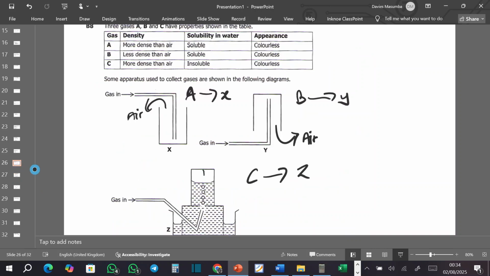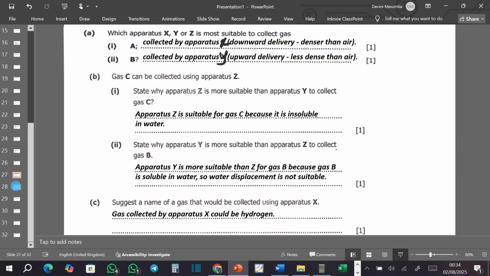Then C, suggest a name of a gas that would be collected using apparatus X. What gas is suitable for this? It should be carbon dioxide, right? Gas collected by apparatus X could be hydrogen.